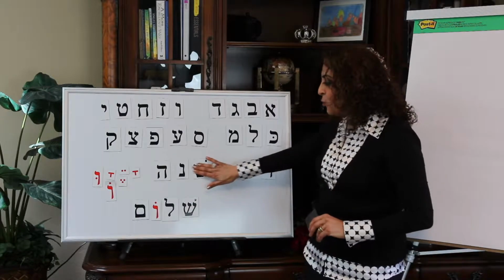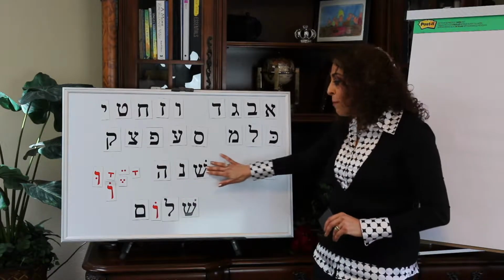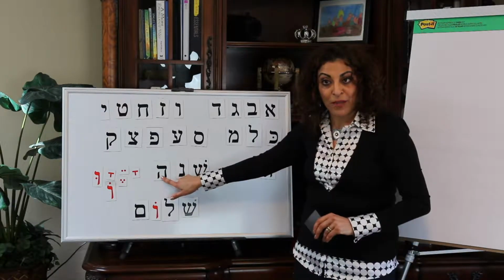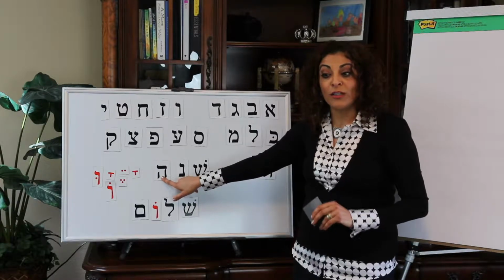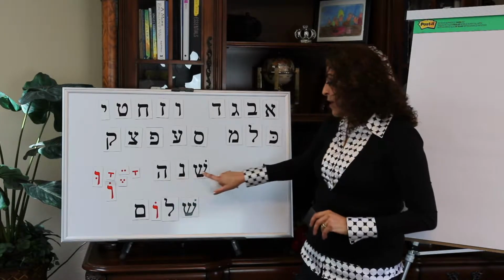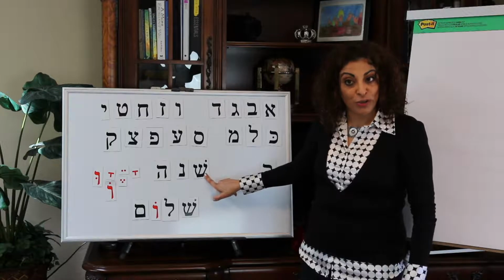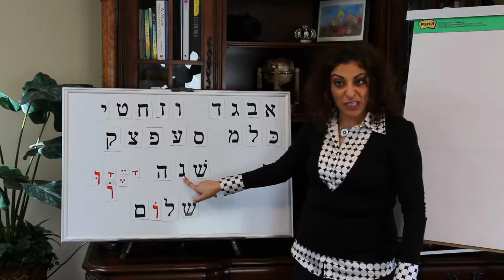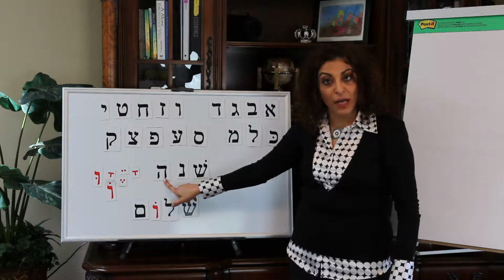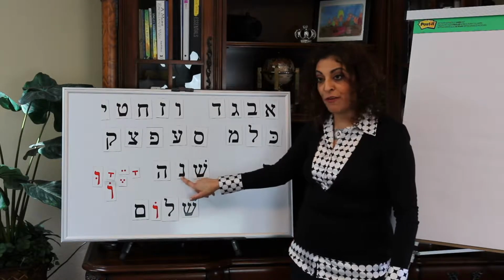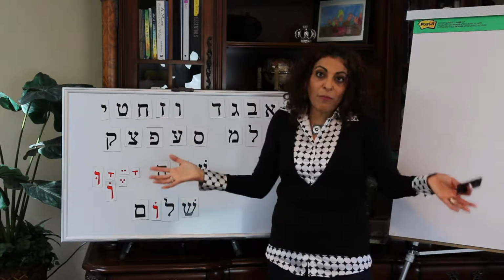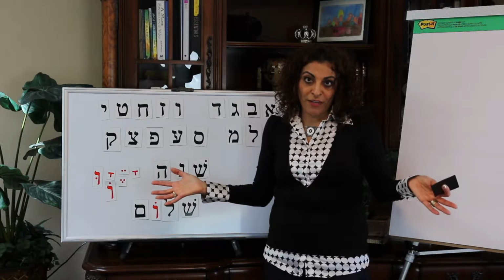So, taking the word Shana and putting the numerical value on it, if you add it, you will see Shin was 300, Nun is 50, and Hey is 5. So it's 355. Now, what's the importance of 355?